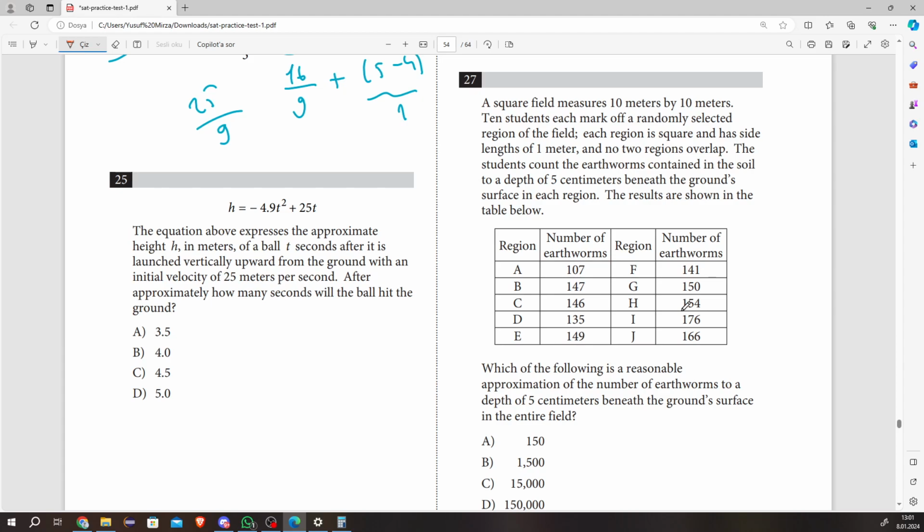Oh, that was a good one. Yeah, measures 1 meter, 10 meters, and 10 meters. And select the region and field, each region has such a shot. Okay.